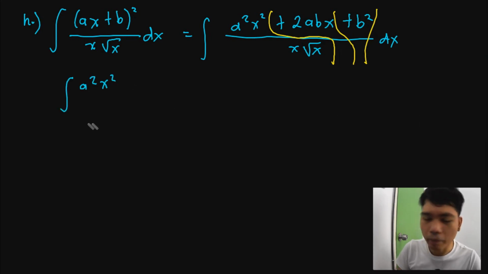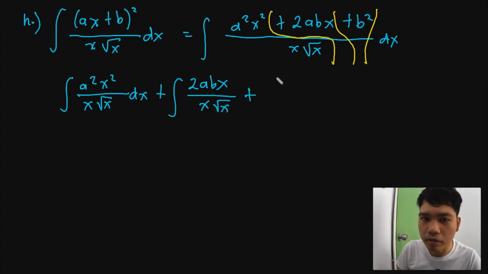Actually yun yung pinakaunang property ng ating integration. So pwede ganyan, di ba? And then just use the operation. So plus the integral of 2abx over square root of x, and then plus the integral of b squared over square root of x dx.